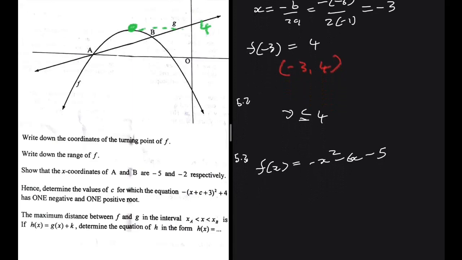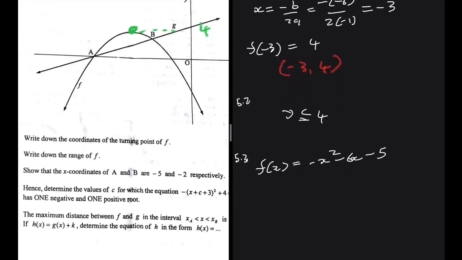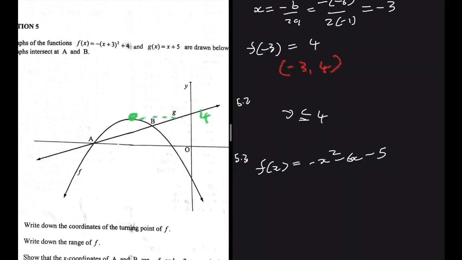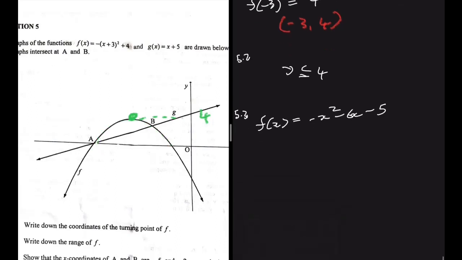So if we want to find the x coordinate of a and b, what we have to do is equate f of x, our parabola, right, and g of x, our straight line. So the equation of our straight line, we have g of x is equals to x plus 5.